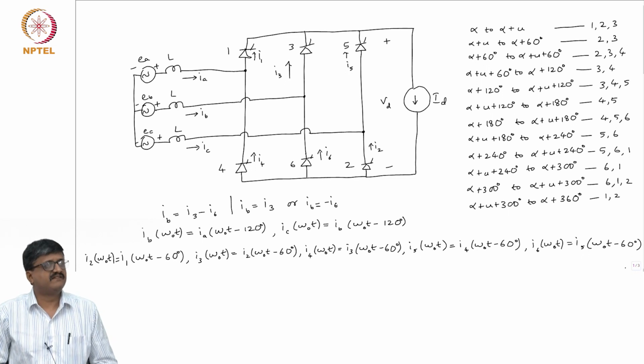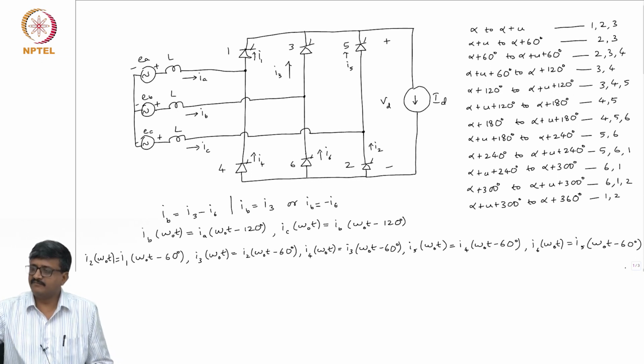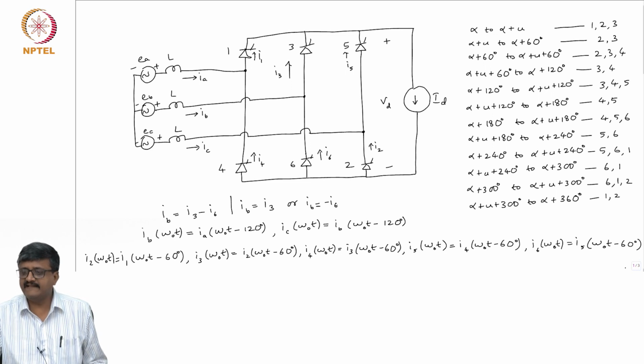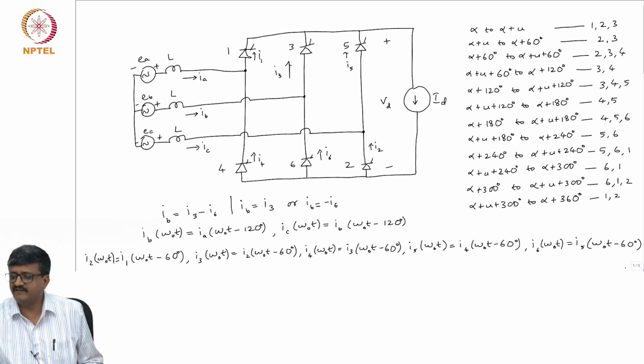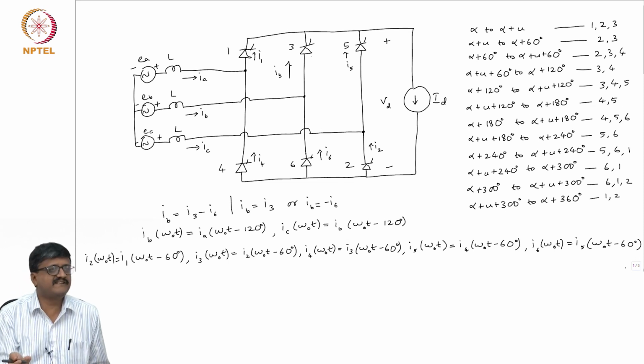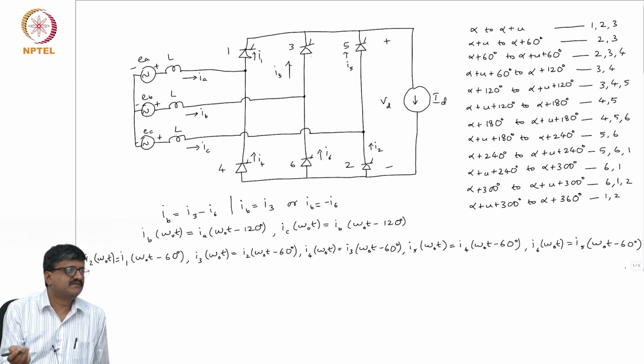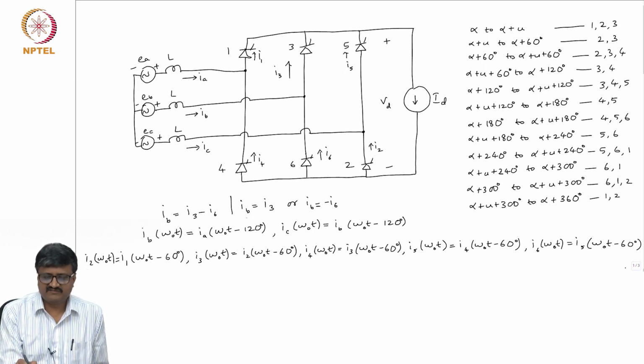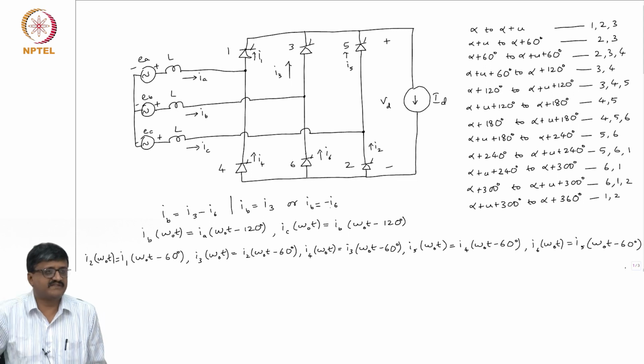Of course, this also covers the case of I3 being equal to 0 as well as I6 being equal to 0. There is a subinterval where only 4 and 5 conduct. So, when 4 and 5 conduct, neither 3 nor 6 is conducting. That means both I3 and I6 are 0. So, I can still use this relation that IB is either equal to I3 or equal to minus I6.